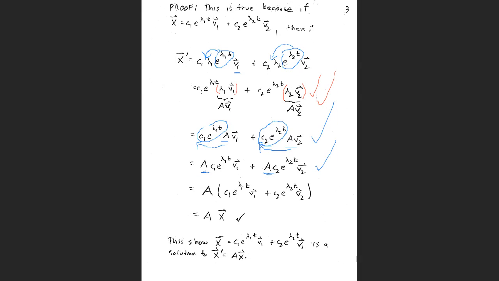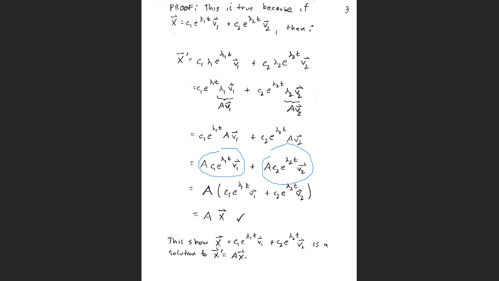And now what I do is I factor out the matrix A from both of these terms here. I have a matrix A in common between both terms, and so I can factor the matrix A out on the left. And so I end up getting that the derivative of my vector x is equal to A times this big vector here.